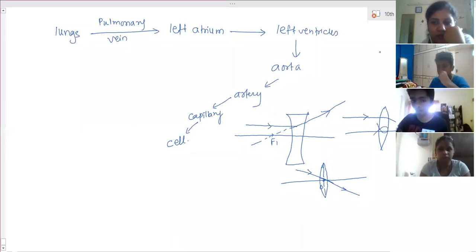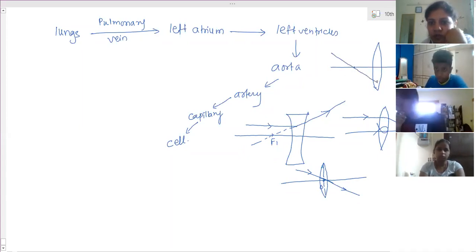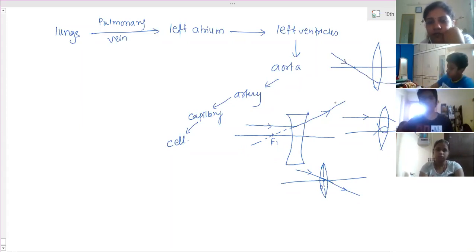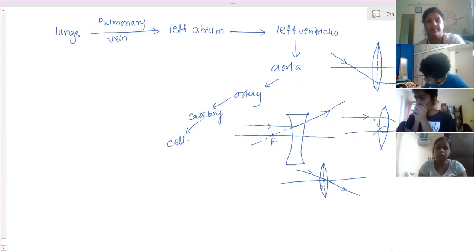This is not the second one. So this is the principal focus, either top or down, anywhere you can show. And after that it will be parallel to the principal axis. Okay.